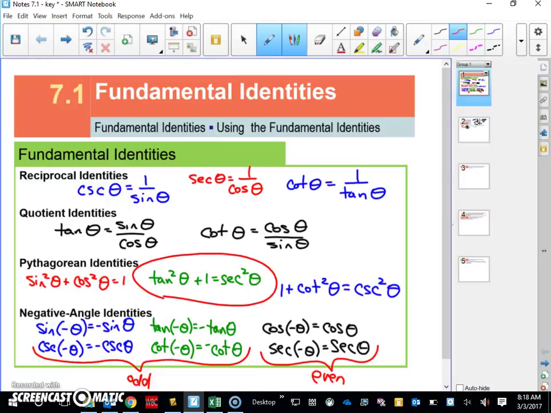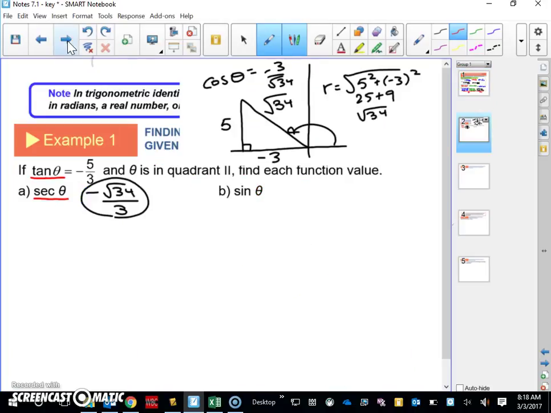See how this formula right here, tangent squared theta plus 1 equals secant squared theta? We are supposed to use that formula, not draw a picture.